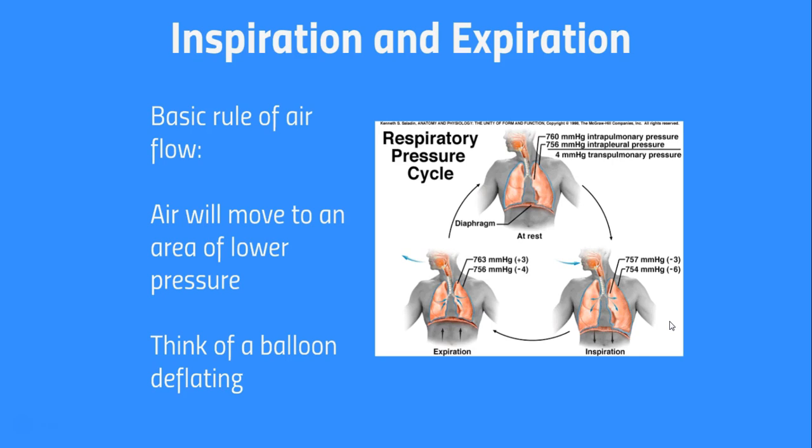Now once you've got that concept down in your head, you can actually start to understand the second part of breathing, which is expiration. So I just want you to note again, things to note here. First thing, at rest, pressure inside the lungs the same as outside air pressure, 760. If we want to breathe in, the diaphragm flexes down, opening up the lungs at the bottom, and the ribcage lifts up, expanding the lung space.